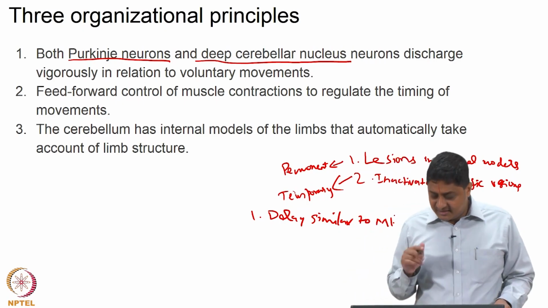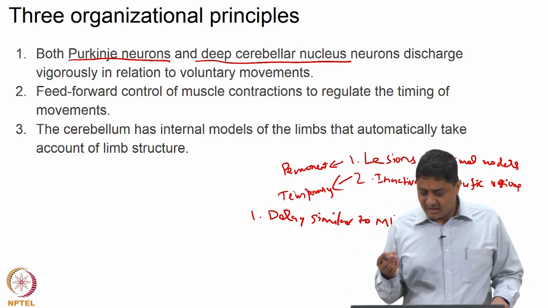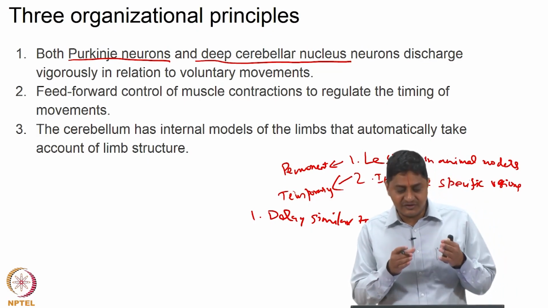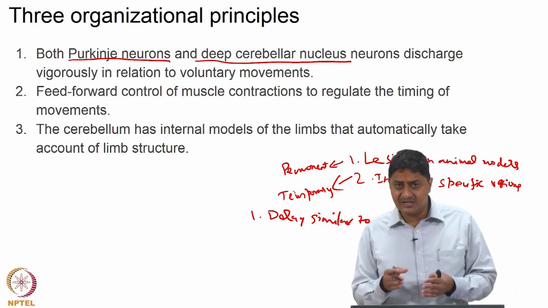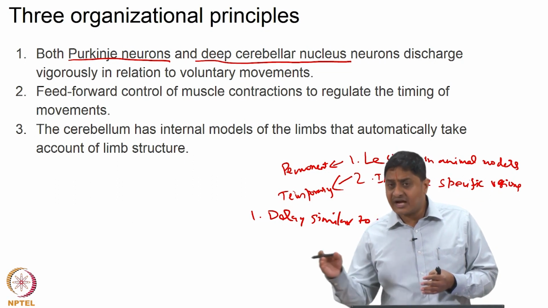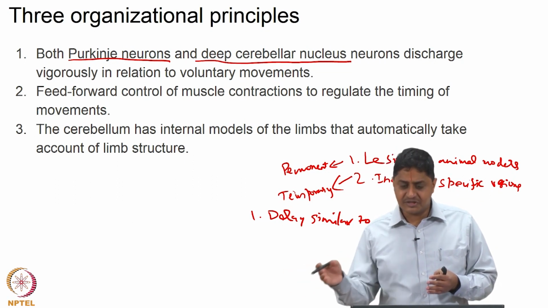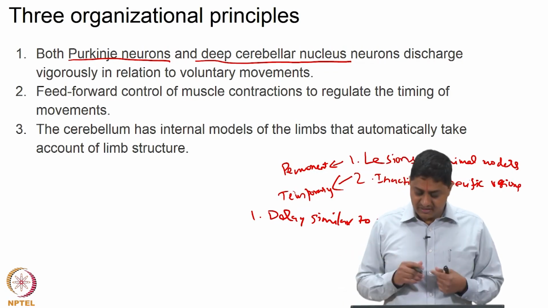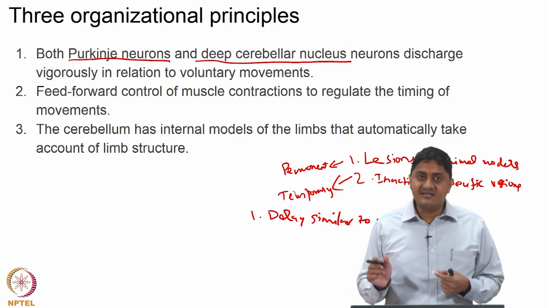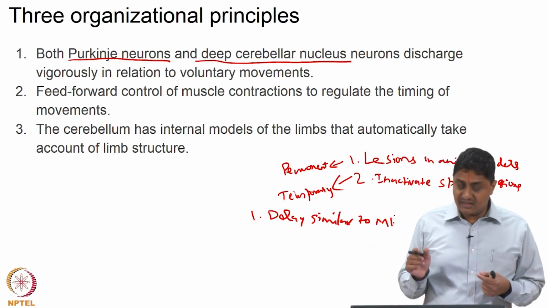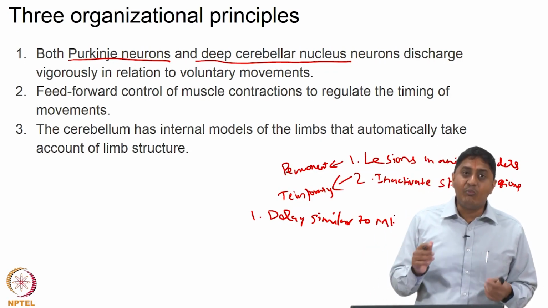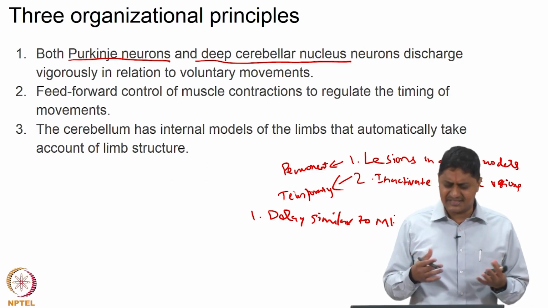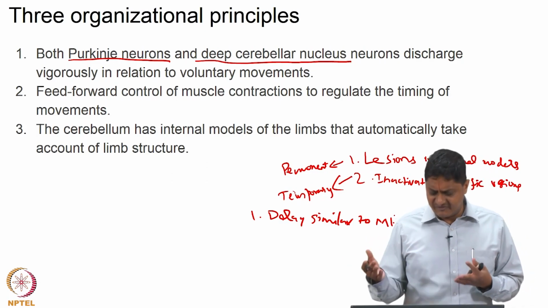However, here I am saying that the time delay between the activity of these Purkinje neurons and deep cerebellar neurons, and the voluntary action or the muscle activity, is similar to the delay between M1 neurons and muscle activity. This is about 100 milliseconds give or take, or maybe even a little less.